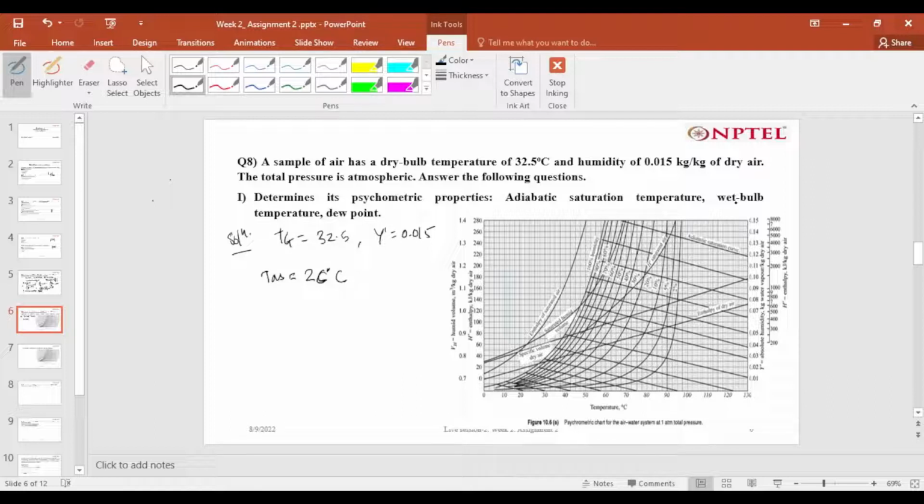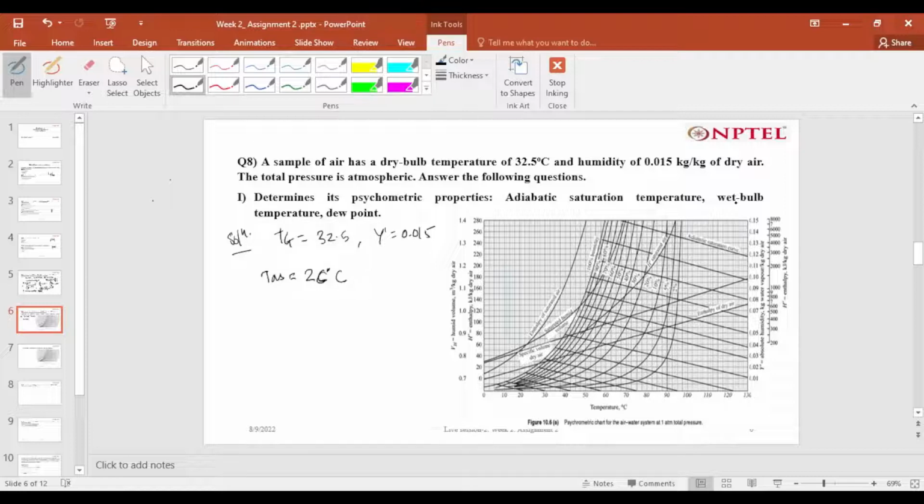Total atmospheric pressure, 1 atmosphere, is equal to 1.013 bar. 0.0168, saturation humidity 0.0105. All of you follow me.